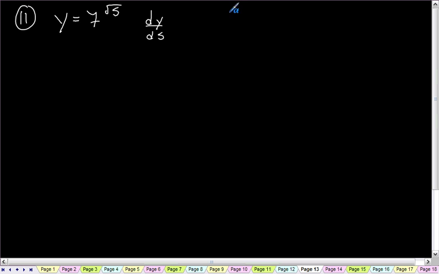For us to do this problem, we have to remember the following. If I wanted to take the general rule for this type of problem, the derivative with respect to, let's say, x, of a constant raised to a power that has some type of value inside of it, let's call it u, that's a constant, that's a variable, it's going to be a to the u, and then ln of a times the derivative of u with respect to x.